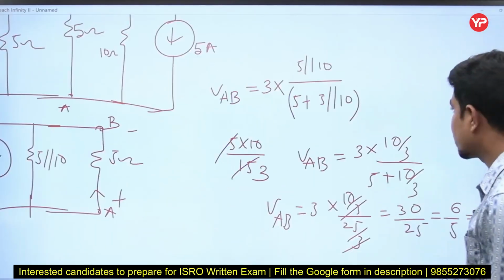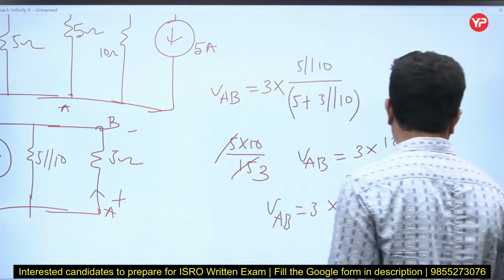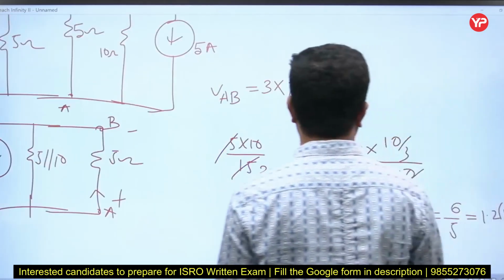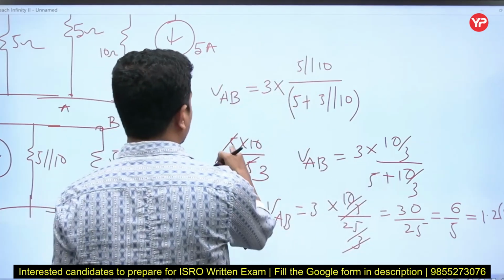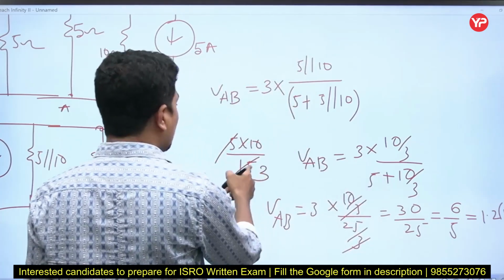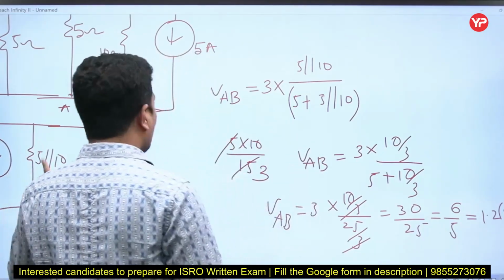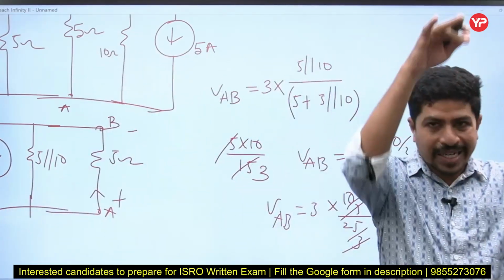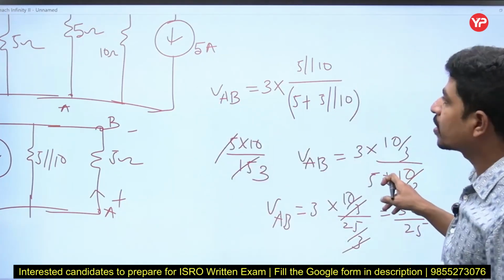Right? Check this calculation once. 5 in parallel with 10 will be 5 into 10 by 15, 5 threes, 10 by 3. 50 divided by 15 is nothing but 10 by 3. VAB is equal to the total current, which is 3. Why 3, sir? 2 up, 3 down, therefore 3 down we have taken, 3 into the opposite resistance.